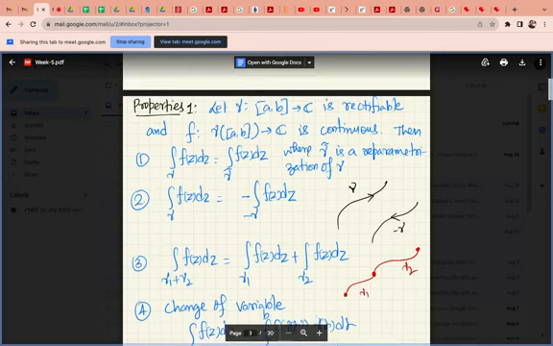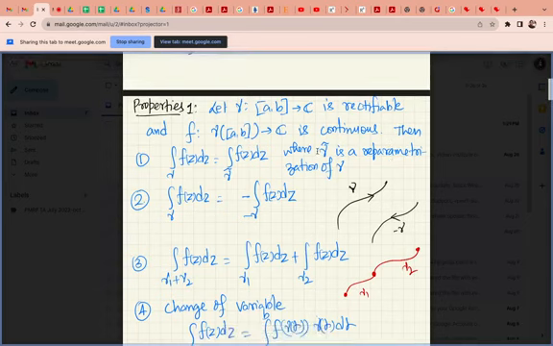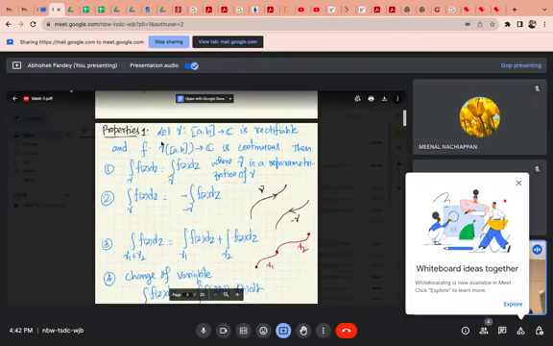I hope you know the definition of reparameterization. Basically, reparameterization means we are just reparameterizing this interval, using a continuous, onto and non-decreasing function. Suppose we have this reparameterization gamma bar. If your f is any continuous function, then the integral over this reparameterization will be the same.